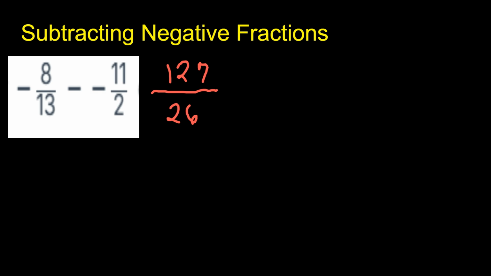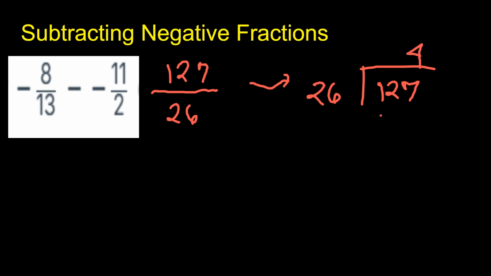So all we have to do is divide 127 by 26. That would be 4, and 4 times 26 gives us 104. So 127 minus 104 will give us 23.